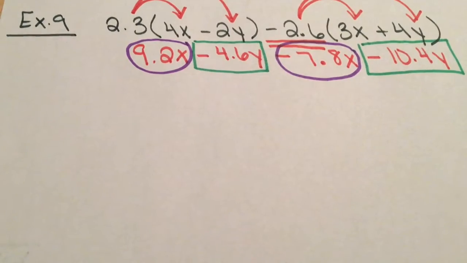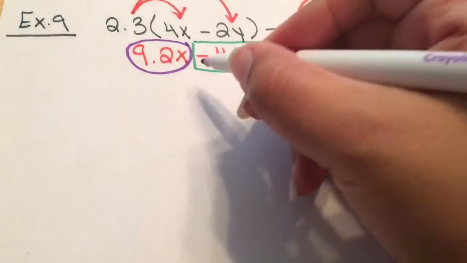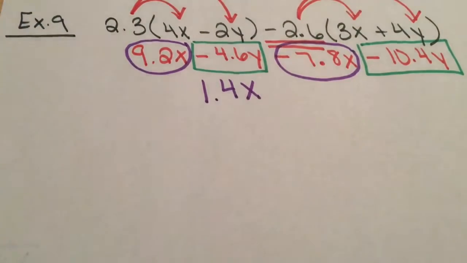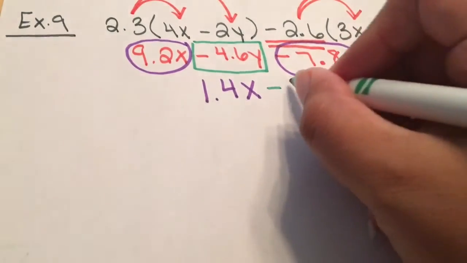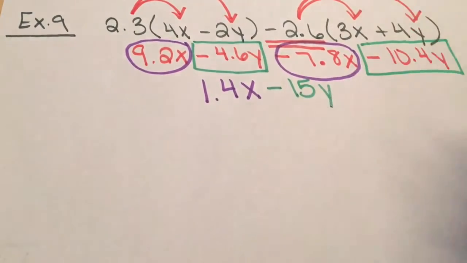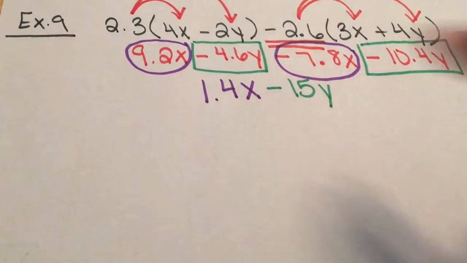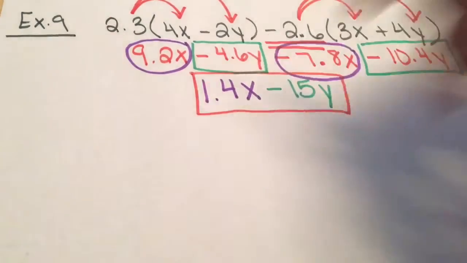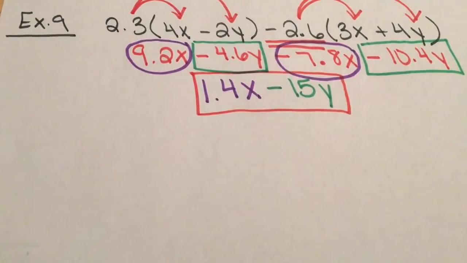So 9.2 minus 7.8 will give me a positive 1.4x. And then negative 4.6 plus a negative 10.4 will give me a negative 15y. Again, we can see that our two terms are not like. Therefore, 1.4x minus 15y is going to be our answer.